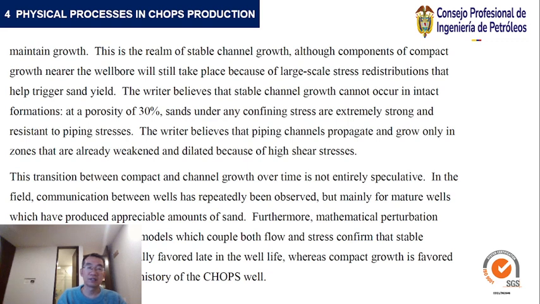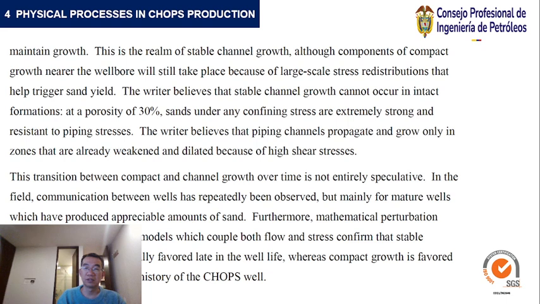This transition between compact and channel growth over time is not entirely speculative in the field. Communication between wells is repeatedly being observed, but mainly for mature wells, which have produced a considerable amount of sand.